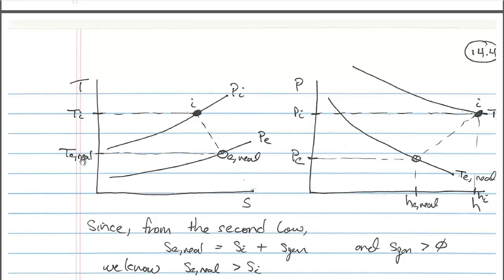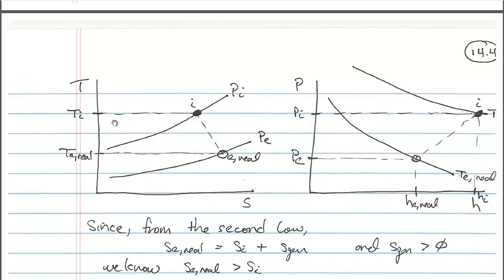Let's take that one piece of information, that the real exit state temperature is less than the inlet temperature, and let's go over to our PH diagram. Over here on our PH diagram, I can draw pressure on the y-axis and enthalpy on the x-axis, and I can draw my two lines of constant temperature. So this line up here is my T_i. It got cut off over here, but that's my line of constant temperature corresponding to the inlet temperature.